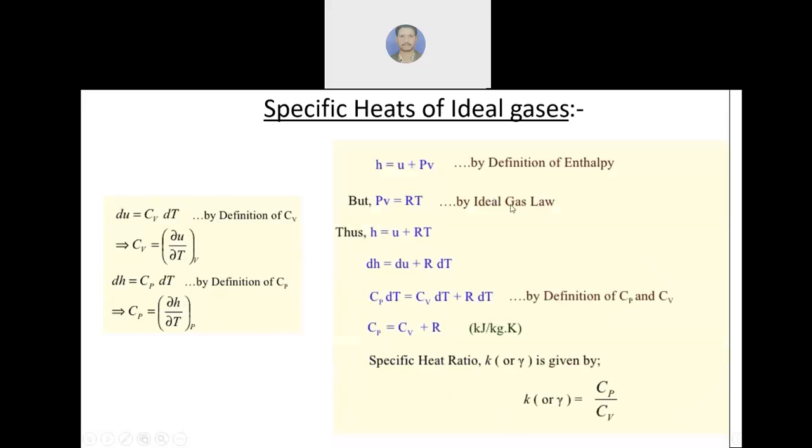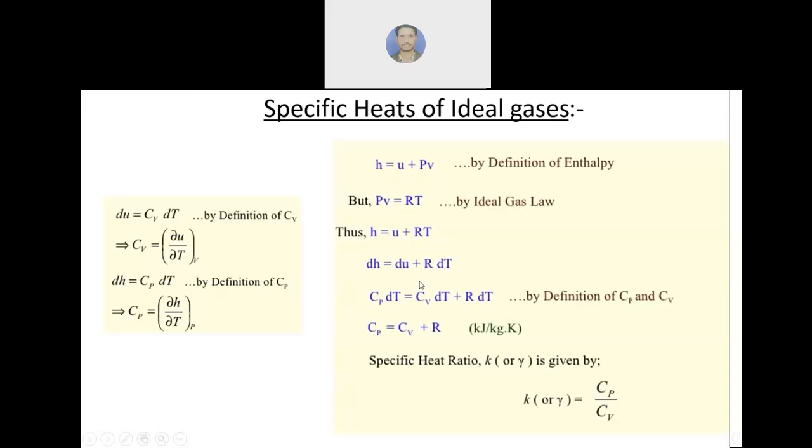Now, how do you know this definition? H equals U plus PV. What is PV? Ideal gas equation, PV equals RT. So H equals U plus RT. Then differentiate it. You will get dh equals du plus R dT. R is constant. What is R? Universal gas constant or characteristic gas constant.